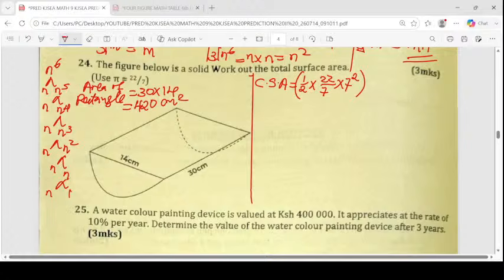But now because I have another one there, you multiply this by 2. When you evaluate this well, you get 154 square centimeters.